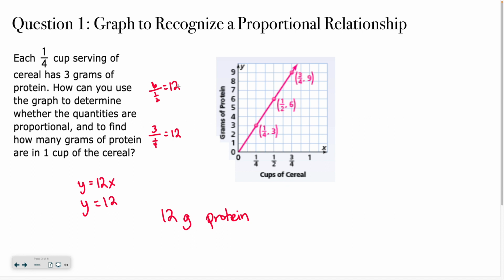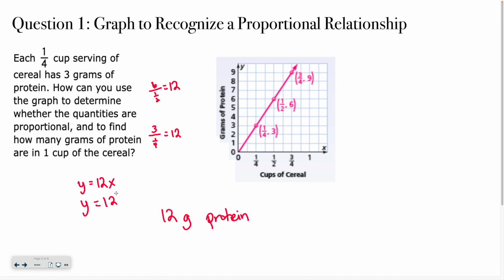Like we talked about a few days ago with solving for equivalent ratios and our unit rates and everything. So if you were to do y divided by x, you're left with 12. And your equation would be y equals 12x. If you were to plug 1 in for x, y equals 12 times 1. That means that it's going to be 12 grams of protein.